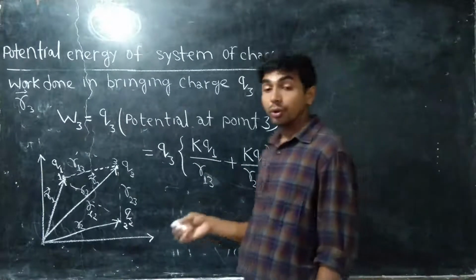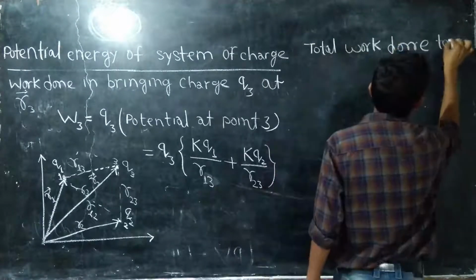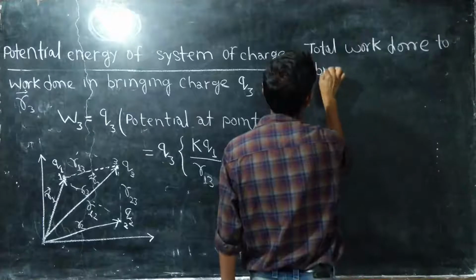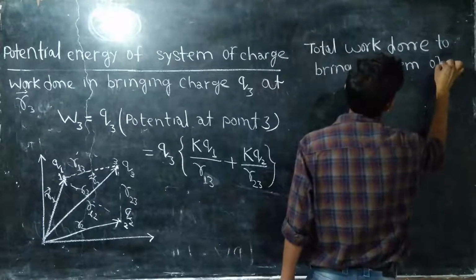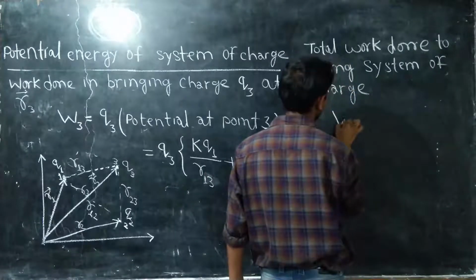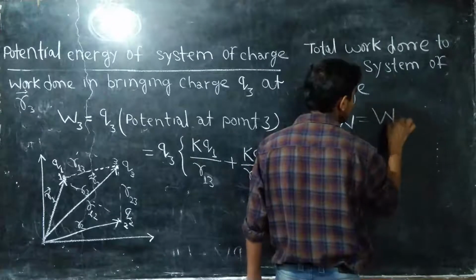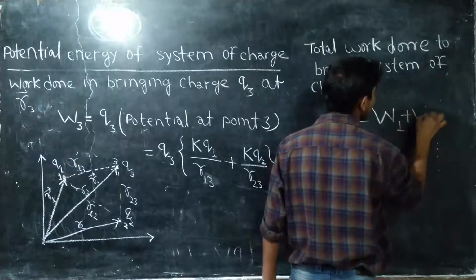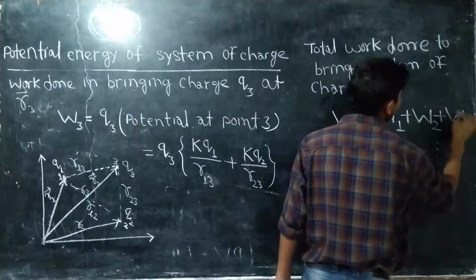So total work done to bring the system of charge is W, and this W is the summation of work done in bringing charge 1, plus work done in bringing charge 2, plus work done in bringing charge 3.